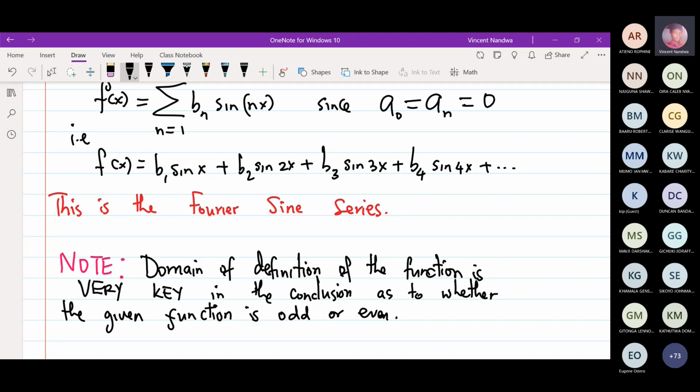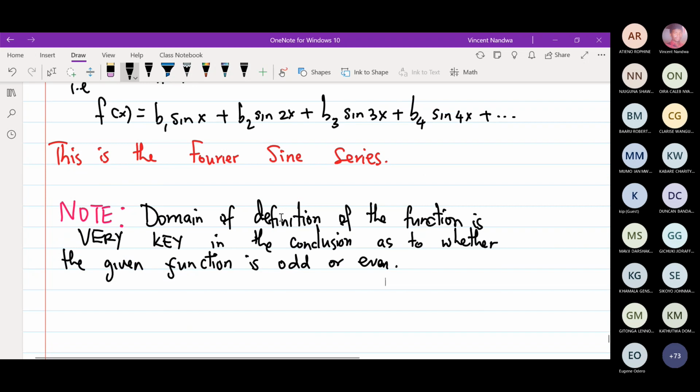For instance, if I give you a function f of x equals x squared for all x in R, is this function odd or is it even? f of x equals x squared. Even. This function is even because you can test that.